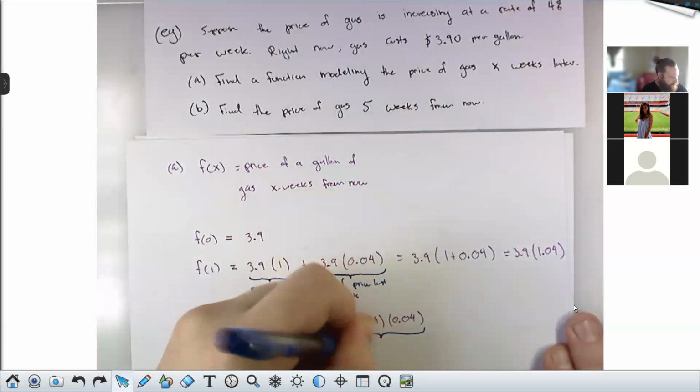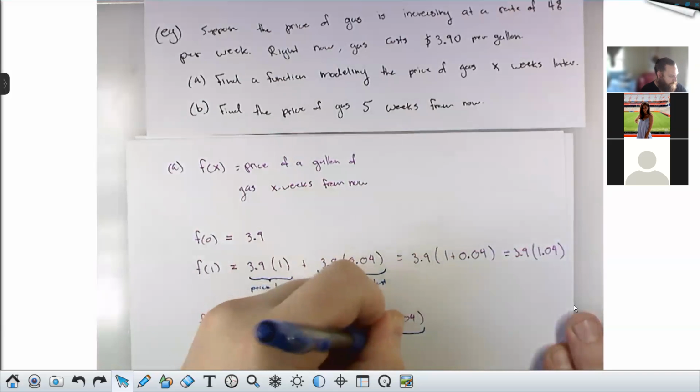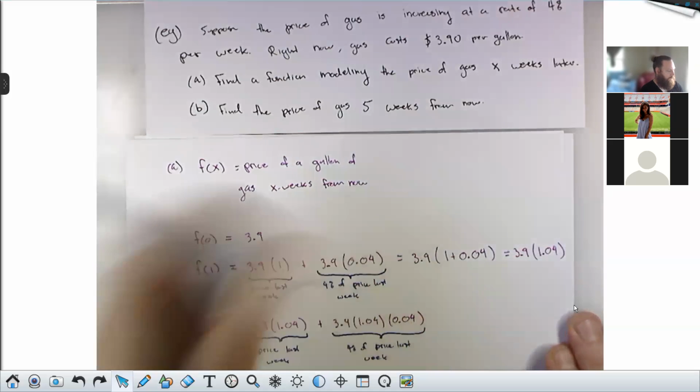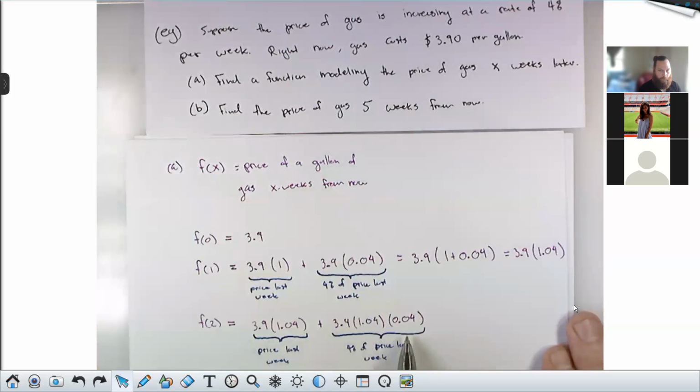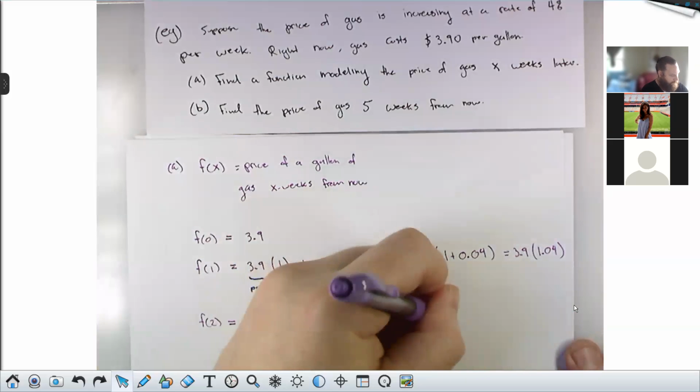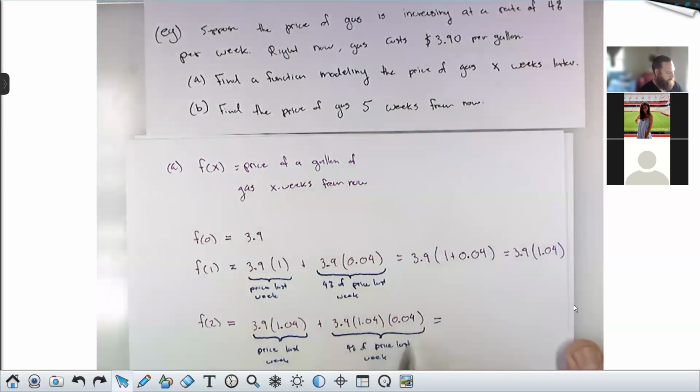This is 4% of the price last week. So I'm just increasing the price by 4% by adding 4% of the price last week to the price last week. And now if you factor 3.9 times 1.04 out, what you're going to get is 1 plus 0.04.